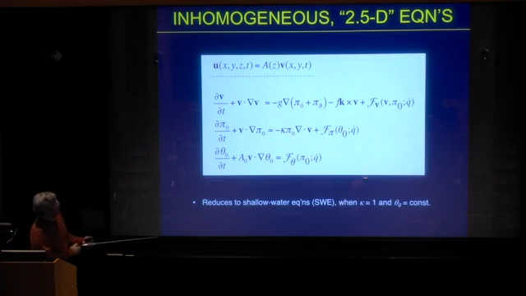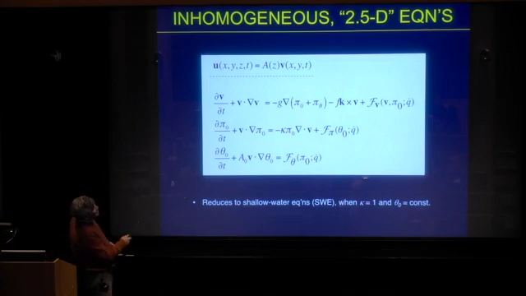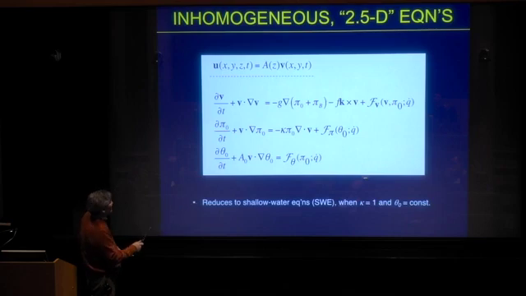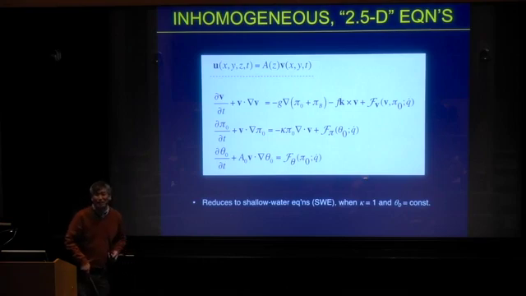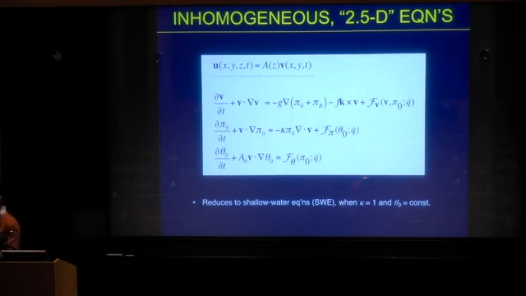For those of you who are into equations, you might be able to notice that under certain circumstances, the equations reduce down to a very famous set of equations called the shallow water equations, which is often used as a paradigm model to study atmospheric flows.